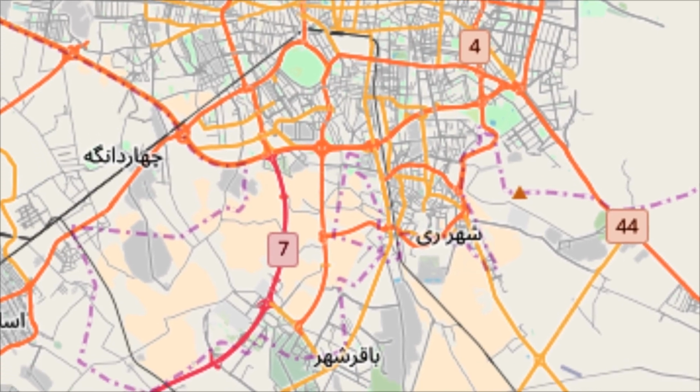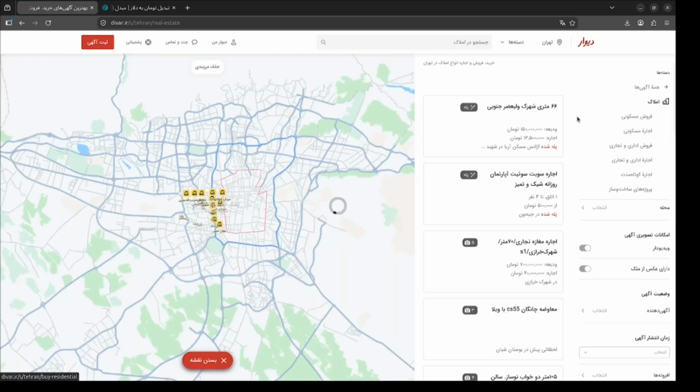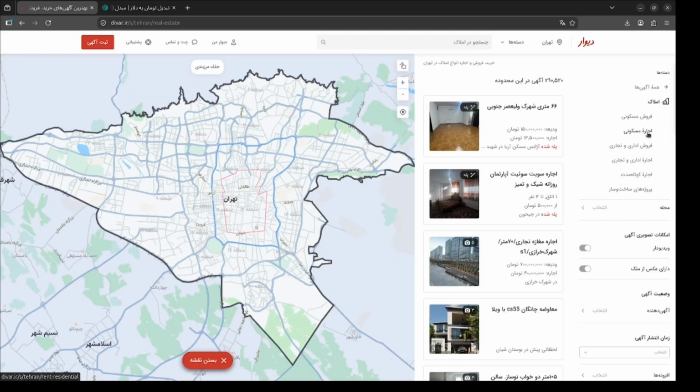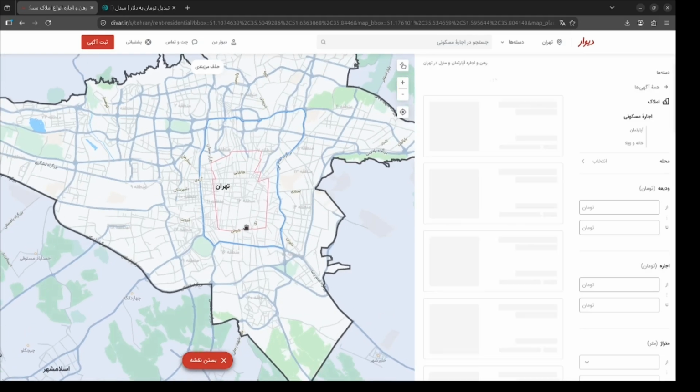So let's go. Okay, here is Divar. And as you can see, there is a lot of stuff here, but since we are not going to buy anything right now, let's change the category here. And as you can see, there's a map right there that we can use to select the part of the city that we want to go to.